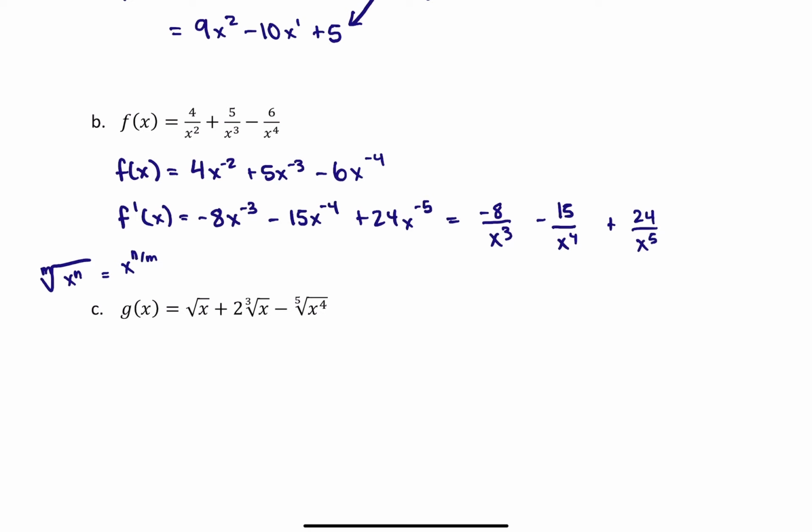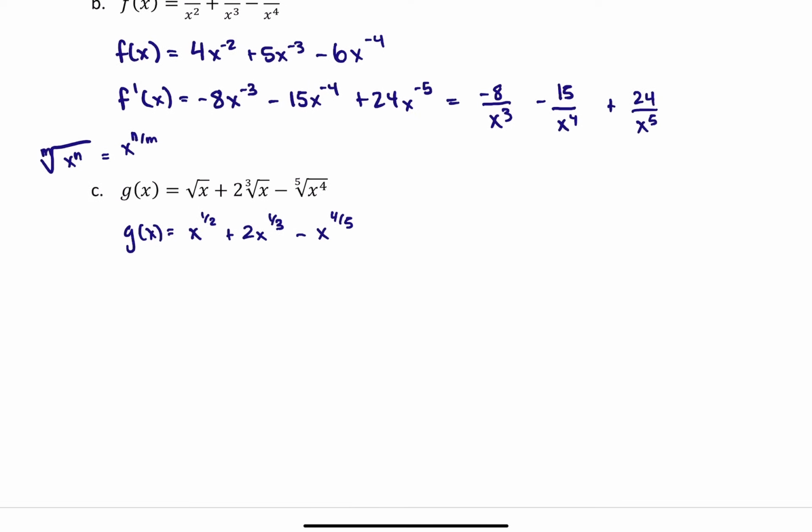So we're going to rewrite our function g of x to be x to the 1/2 power plus 2x to the 1/3 power minus x to the 4/5 power. And so again, we've not found a derivative. We've just rewritten the function.